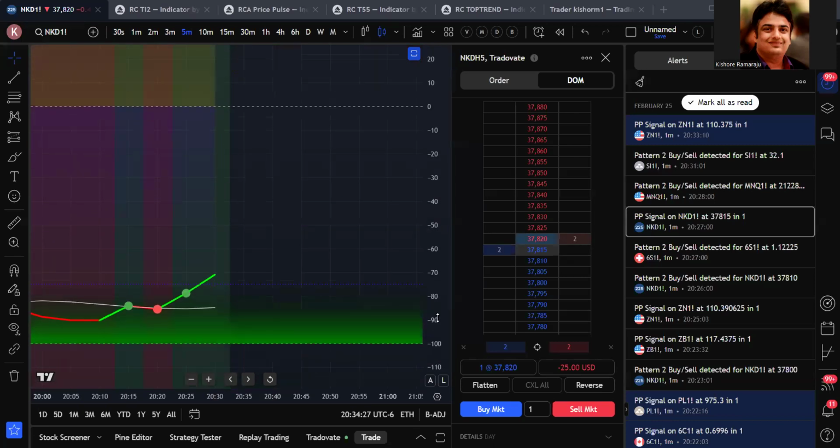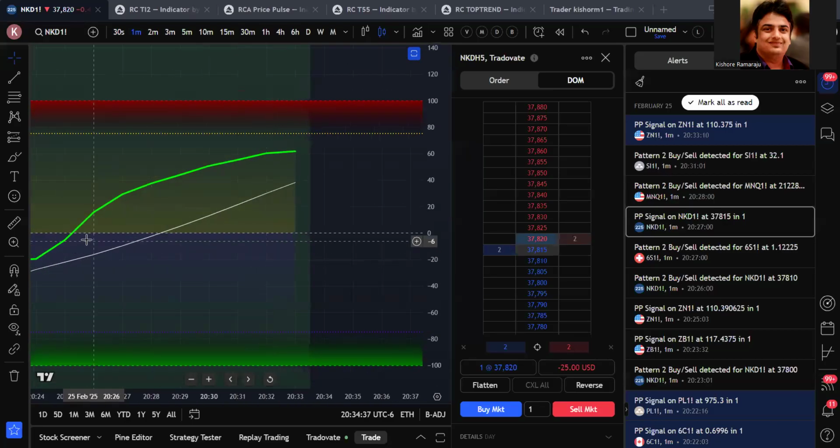So it came all the way to the bottom in 5 minutes. It is looking bullish in 5 minutes. It is looking bullish in 1 minute. So it can go another.